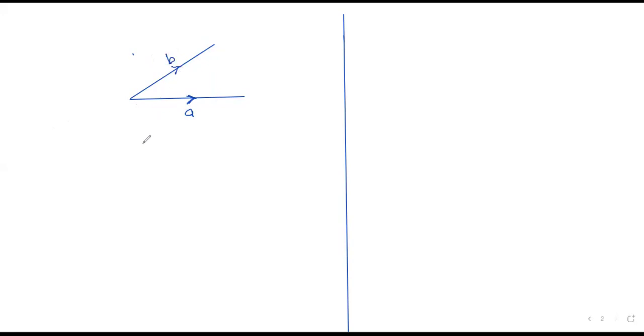So we have two vectors. The angle between them is theta. Theta here is acute.